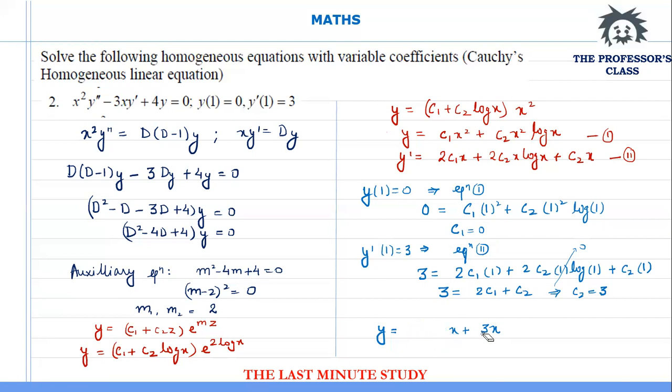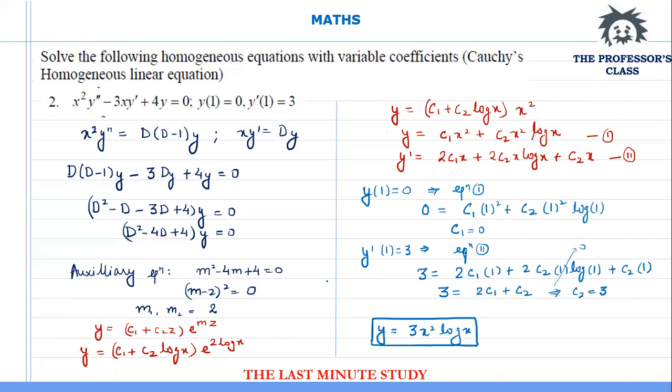Oops, I made a mistake. I have to substitute this over here. So the c1 term will go off. I will be left with the c2 term. So it will become 3x square log x. So this is the final answer that I obtained, which is the solution of the given problem.